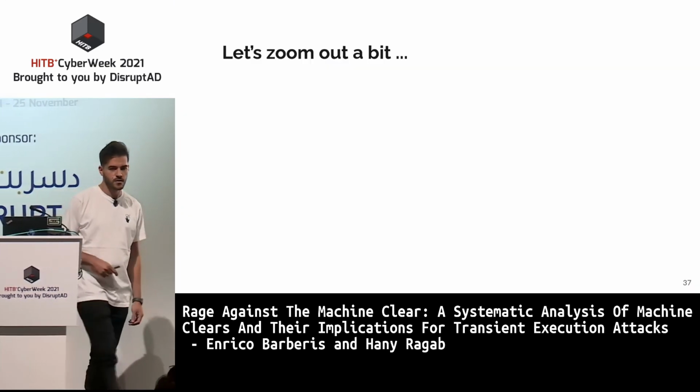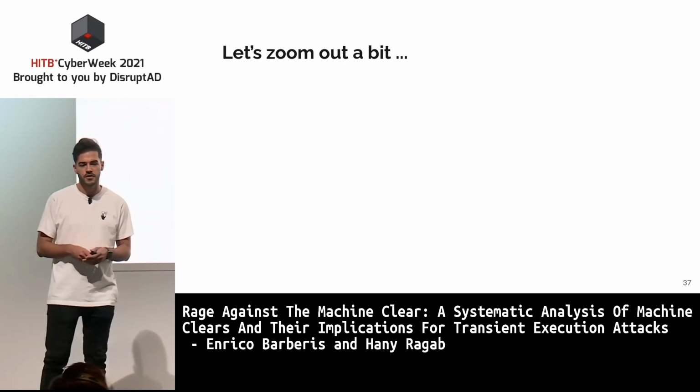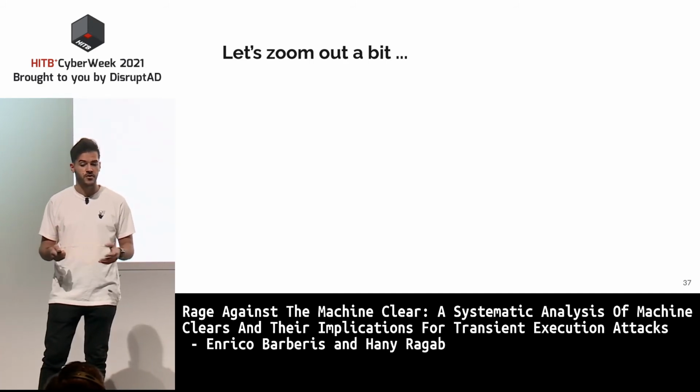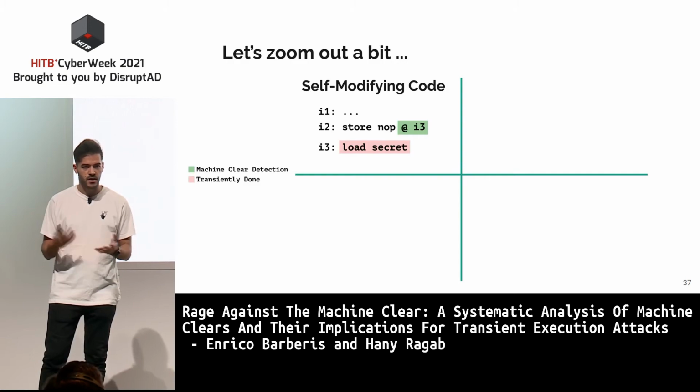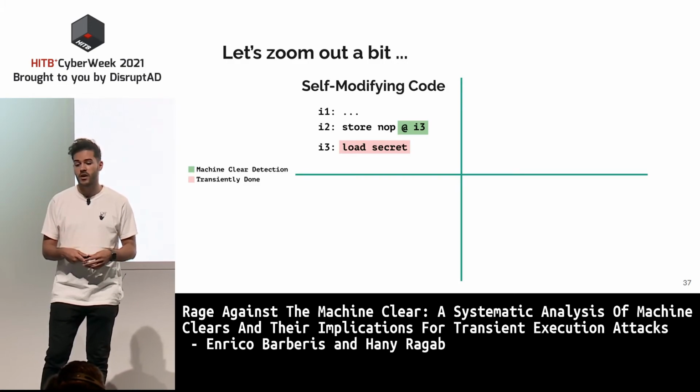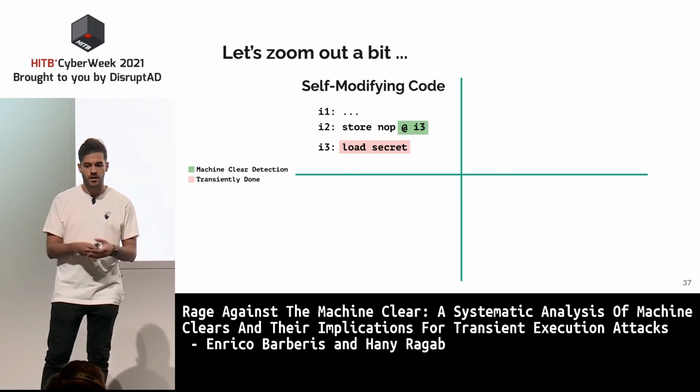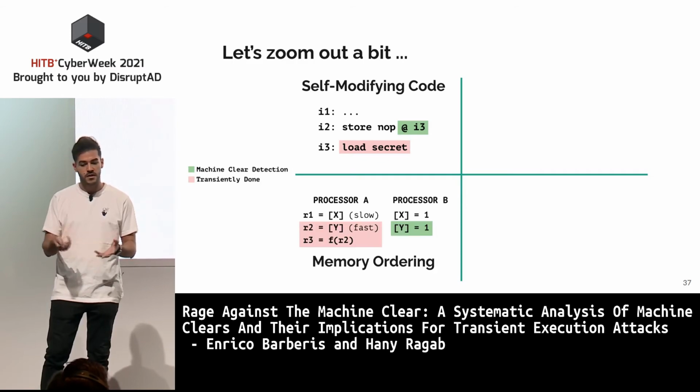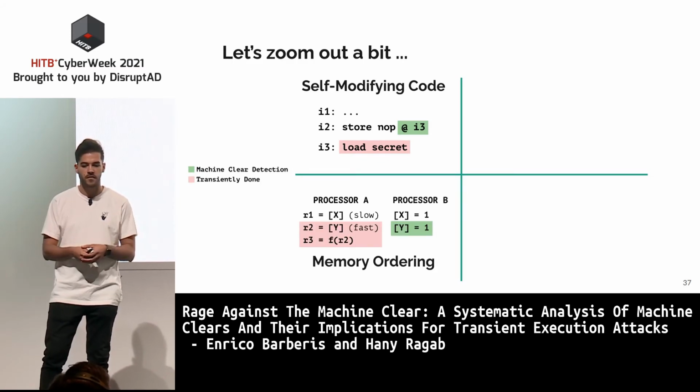All right, so now that we've seen four types of machine clear, let's look at the big picture of what we presented so far. We've seen a self-modifying code machine clear, where a store instruction causes a machine clear, triggering the pipeline flush of previously executed instructions. We've seen the memory ordering machine clear, where a processor violates the memory ordering model of another processor, flushing its pipeline again.